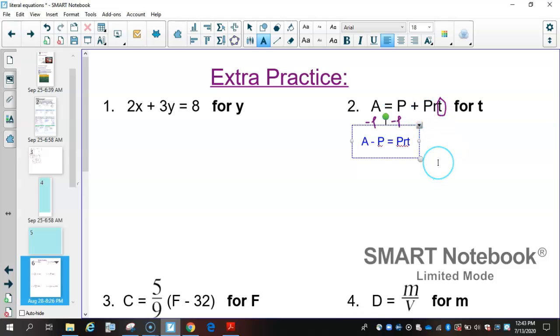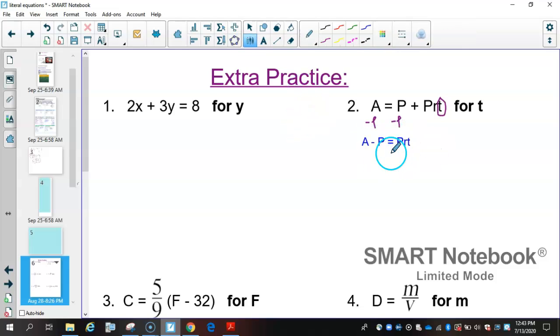Now, if we're trying to get t by itself, and p and r are right next to it, what are p, r, and t all doing to one another? Hopefully you're thinking they're all multiplying since they're all right next to each other, which is true. That means we can divide them at the same time. So if I want to get rid of p and r, since p and r and t are all multiplying, I can divide p and r at the same time.